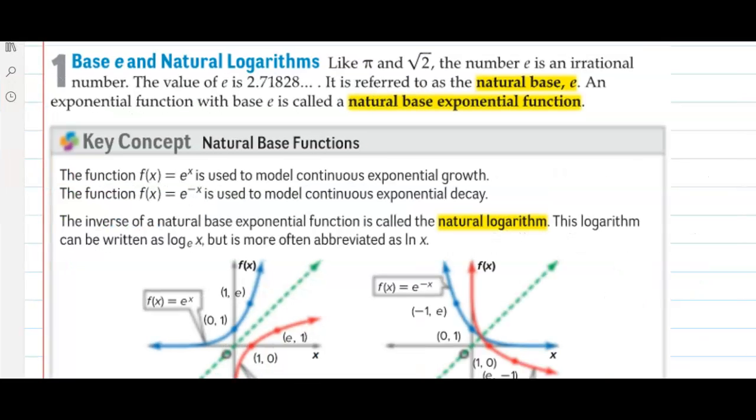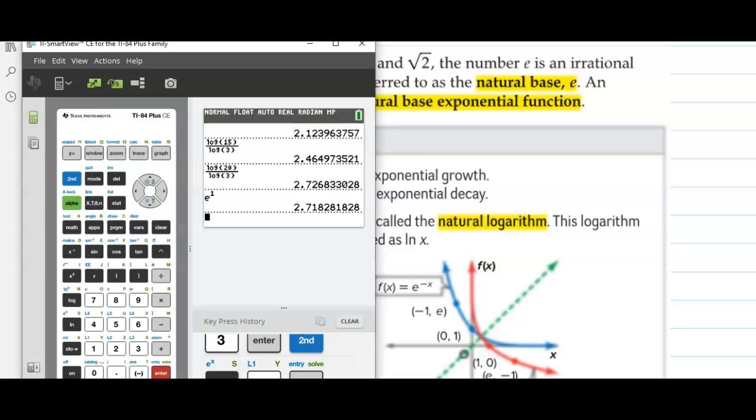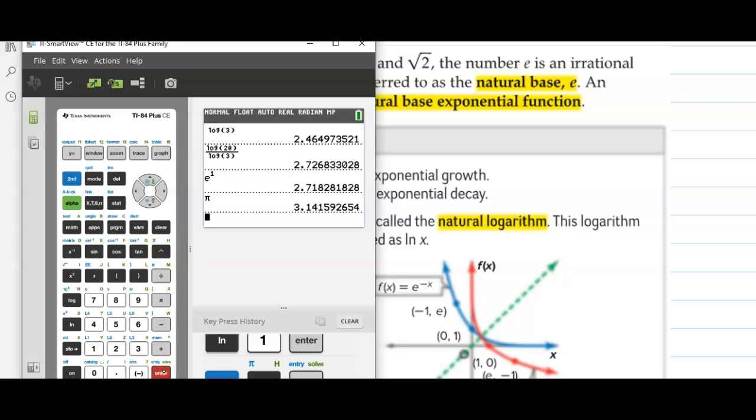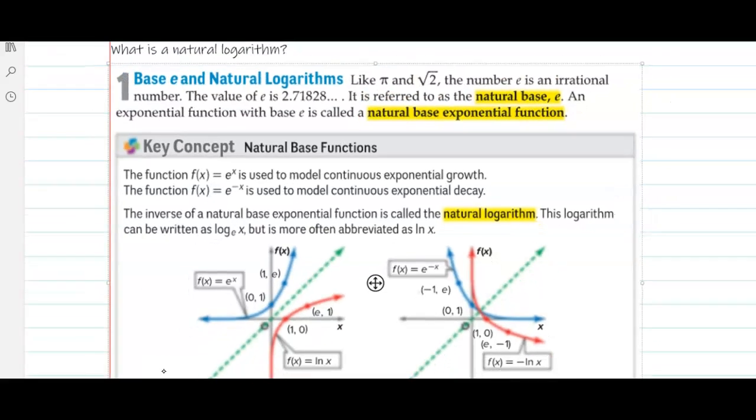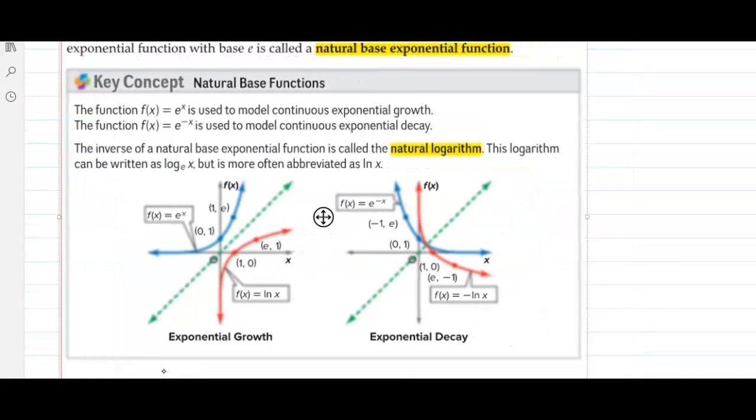So e is already saved into your calculator, just like pi is saved into your calculator. Second caret tells you what pi is. These numbers are already stored in our calculator for us to use. And then we use them when we are, like I said, modeling continuous growth, continuous decay.